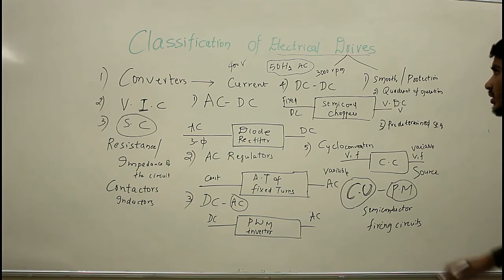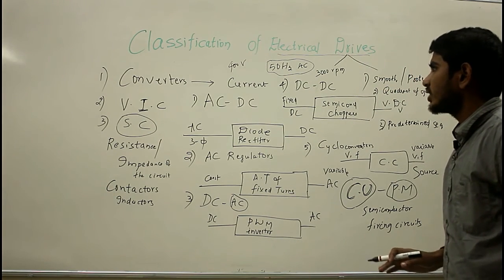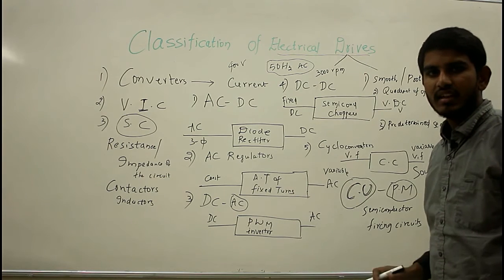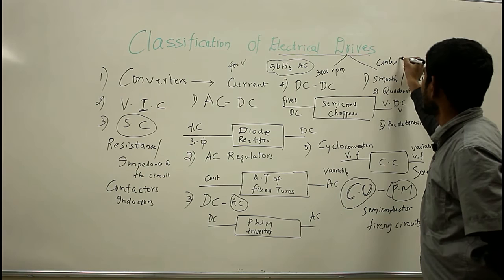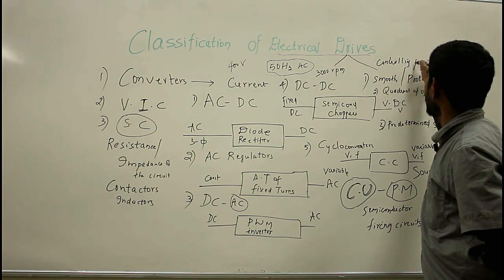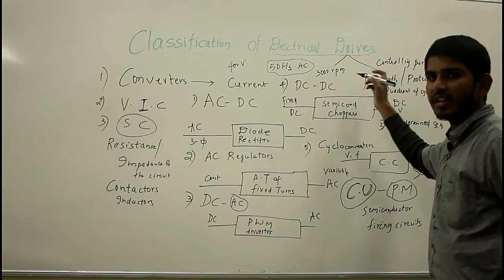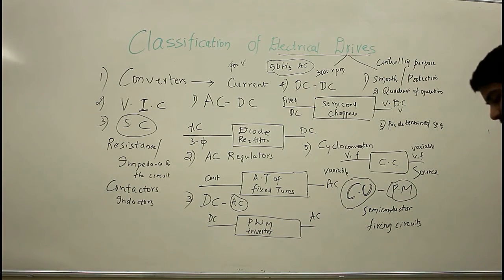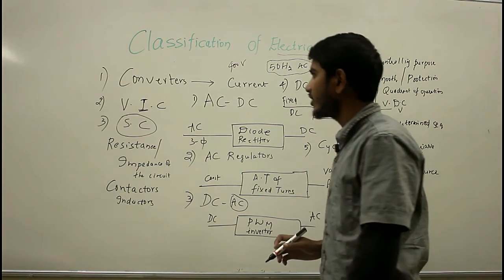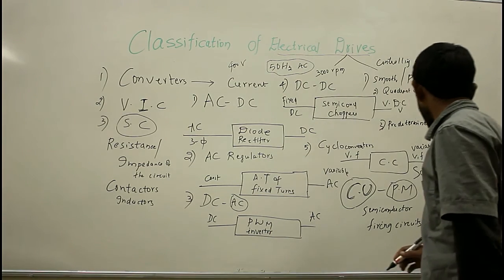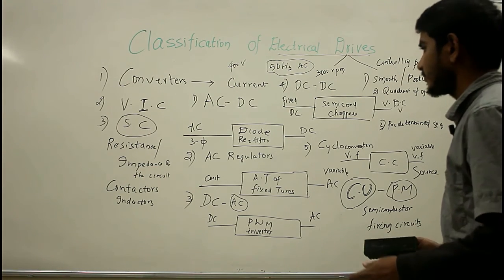Now if we come to discuss the advantages of the electrical drive system, these days they are readily used for controlling purposes, because they offer precise control of the shaft of the motor. Apart from the controlling purpose, we have several advantages of electrical drive systems in our day-to-day life.